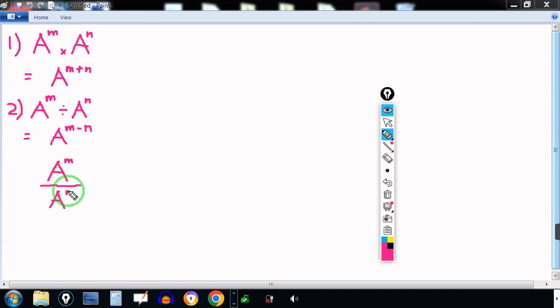The answer is also the very same one, which is A to the power of m minus n.